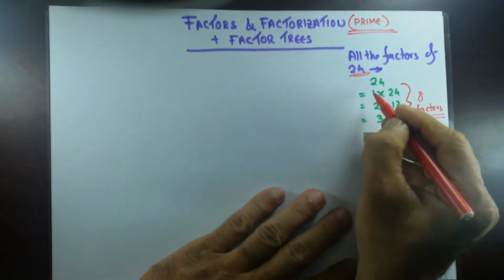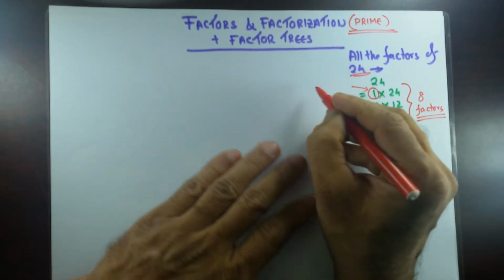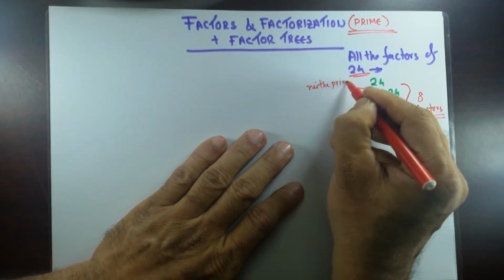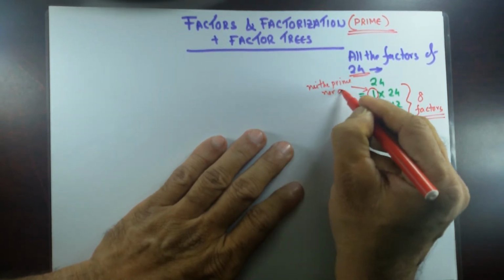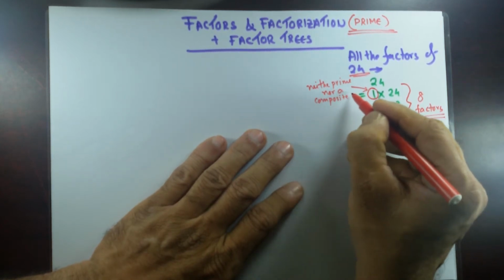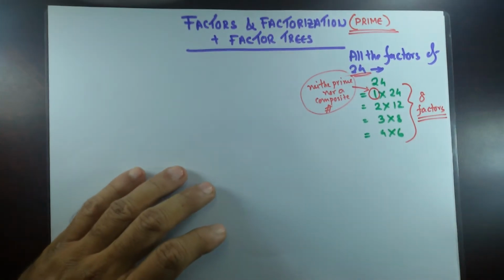But a few things are very interesting. Look at this first factor. It's neither prime nor a composite number. I hope you remember what prime numbers and composite numbers are.